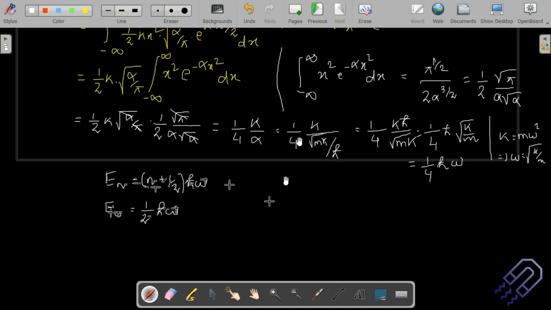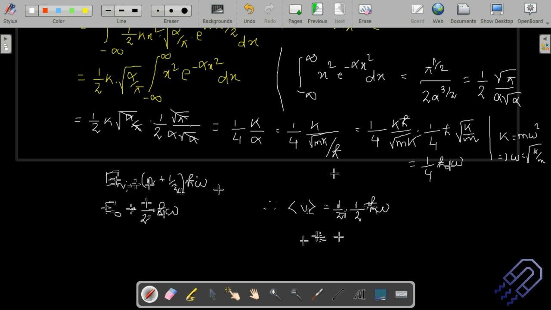So that means we can write down the expectation value of V is equal to half into half ħ omega. And what is half ħ omega? E naught. So that will be nothing but E naught divided by 2. So that's the proof.